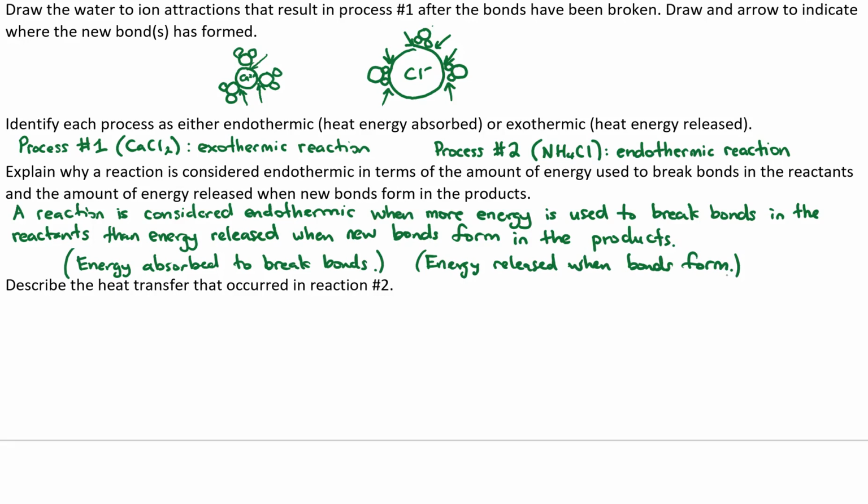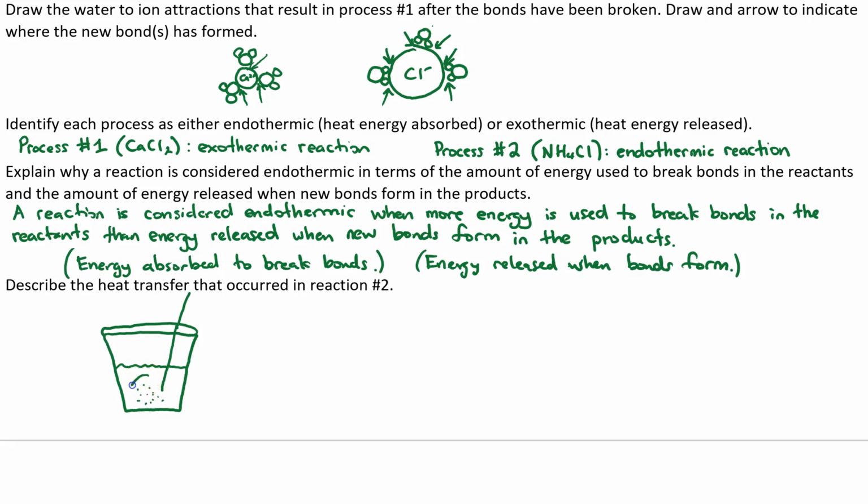Okay, number 9, the heat transfer that occurred in reaction number 2. So we're going to describe that heat transfer. I'm going to draw that out for y'all. We have our calorimeter. And then using our X-ray vision, we know that the salts are here.